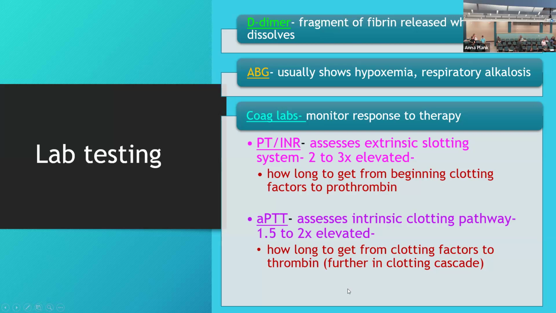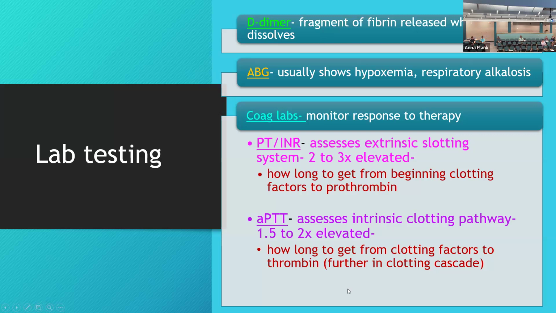So based on which lab I draw, it's going to look at different time markers in this pathway of how a blood clots. It's really good to know APTT and PT/INR. We know those are coags, but if you want to know why we draw one for Coumadin and one for heparin, here's why: it activates at a different point in this cascade.